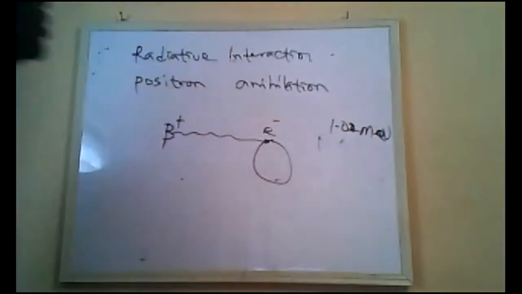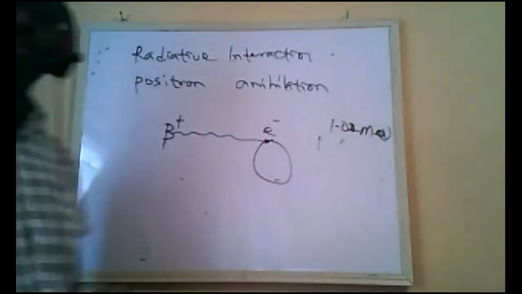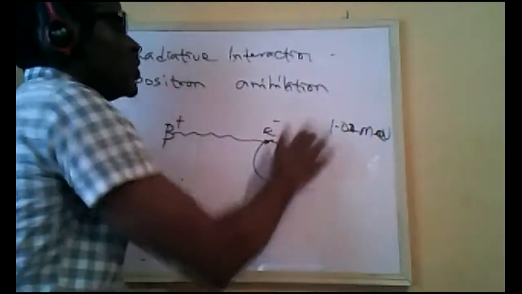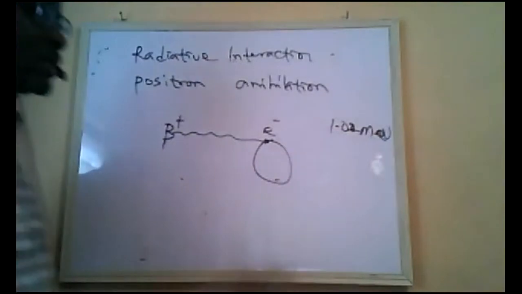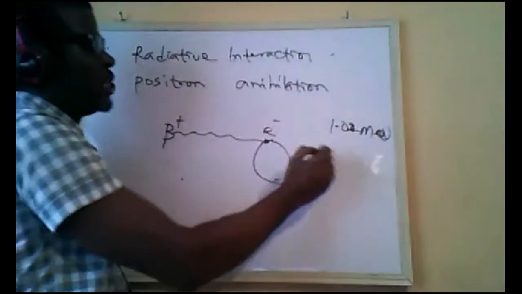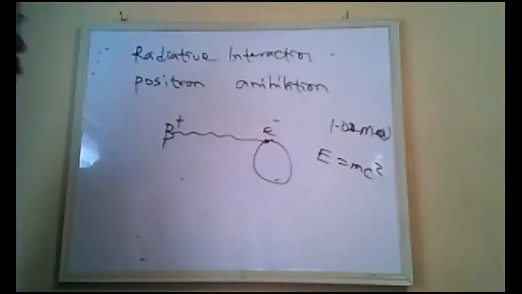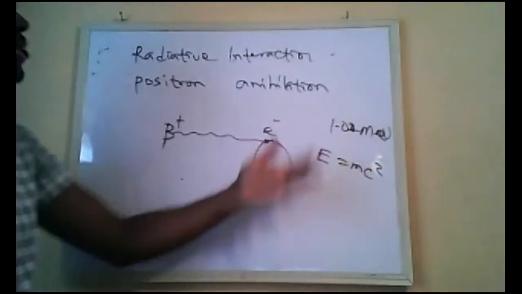So this is positron annihilation, and it further explains E equals mc squared, the relationship between energy and mass. This mass becomes energy.